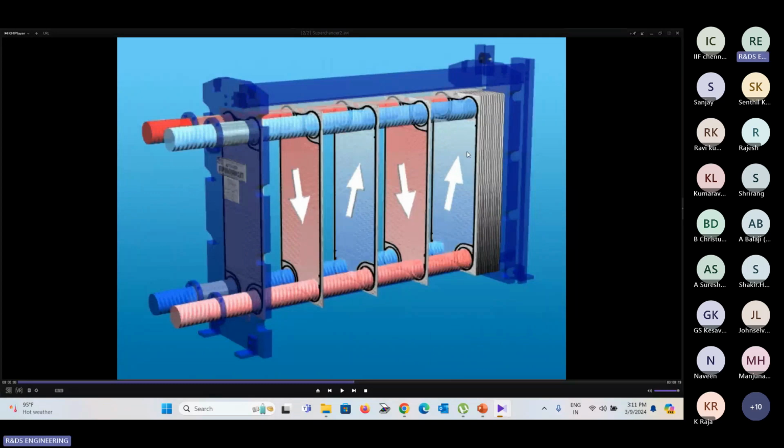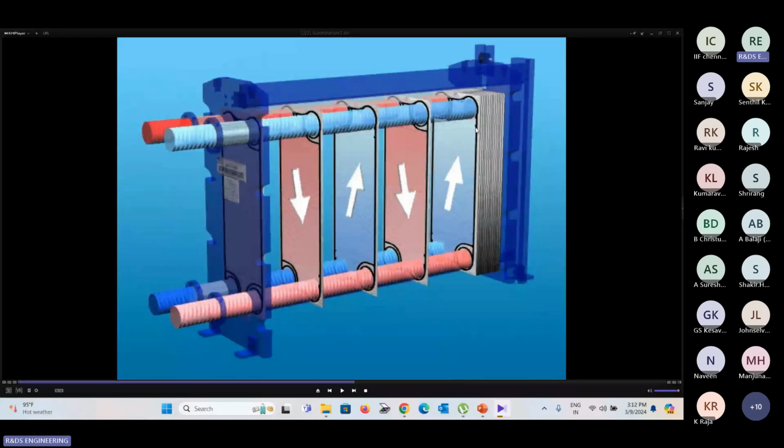We have almost 45 models available. In terms of connections, we have from 1-inch connection up to 20-inch connections. This 20-inch connection heat exchanger generally goes into the steel industries, power industries, nuclear power, and big steel plants and power plants.